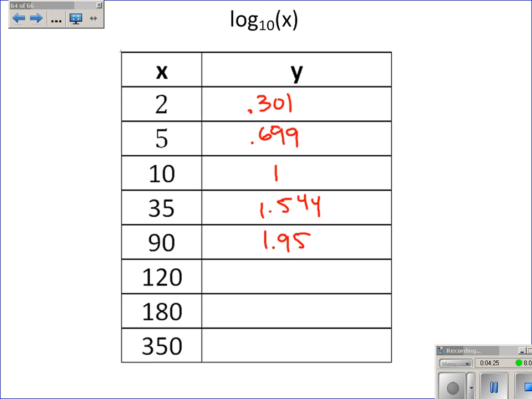The log of 120 is 2.079. The log of 180 is 2.255. The log of 350 is 2.54. Okay. Now again, I'll point out the fact that this is close together.